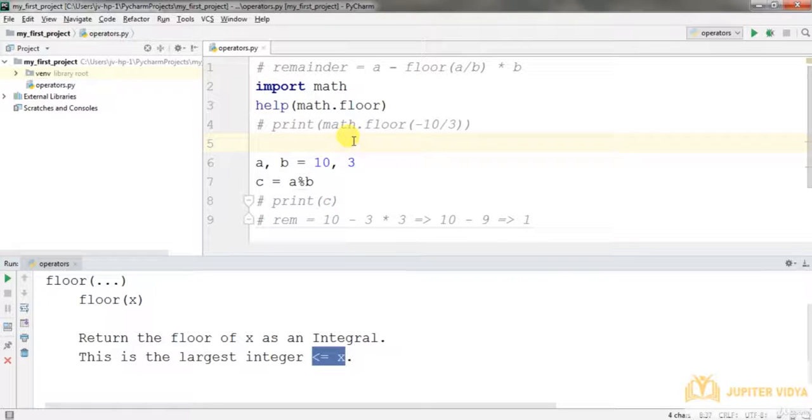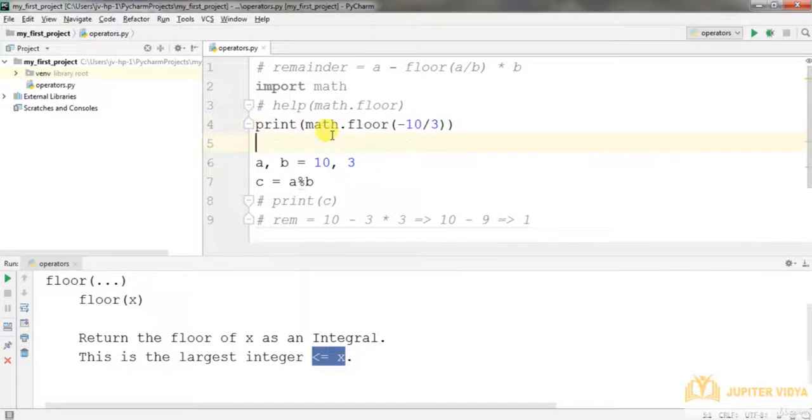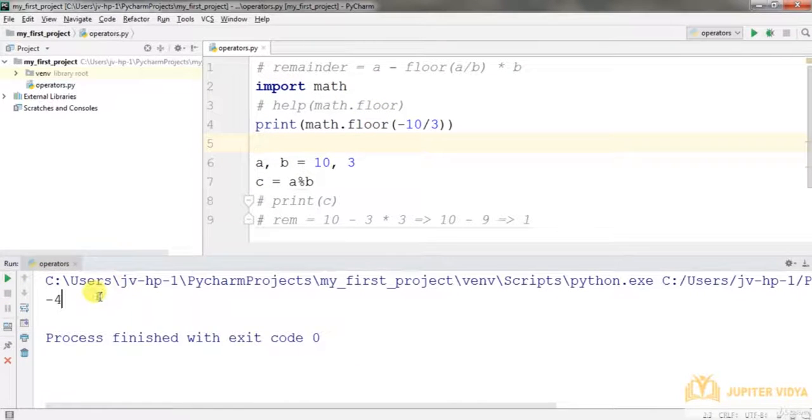For example, here if it is minus 10 divided by 3, which is minus 3.33, so floor cannot be minus 3, it should be less. That's the reason it is returning minus 4. So you can see here, when it is a negative, it will go the other side. So minus 4. That is the floor of a negative value.